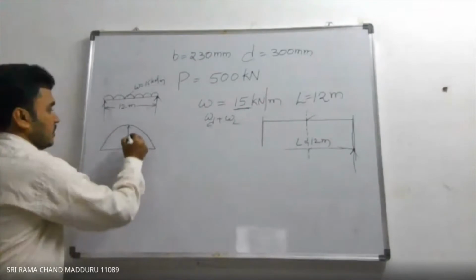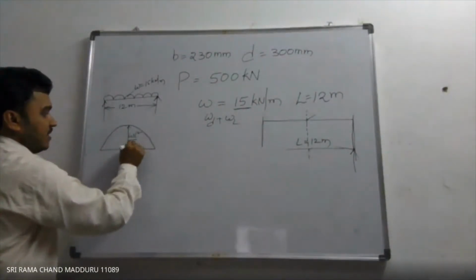Now coming to here, this is WL squared by 8.